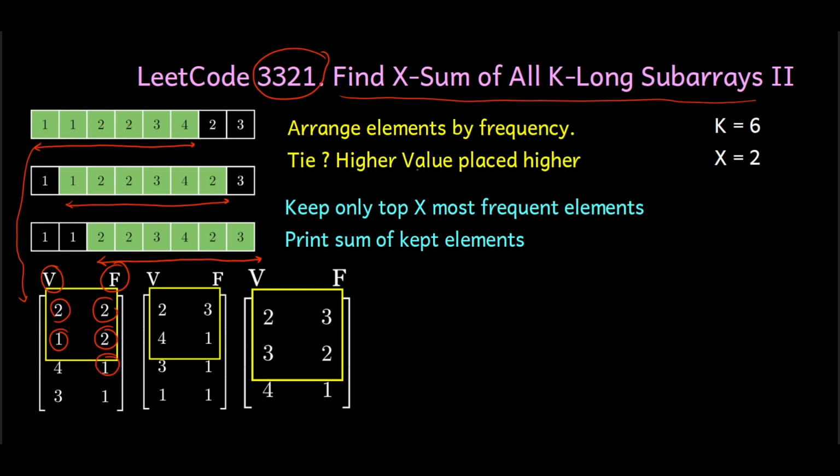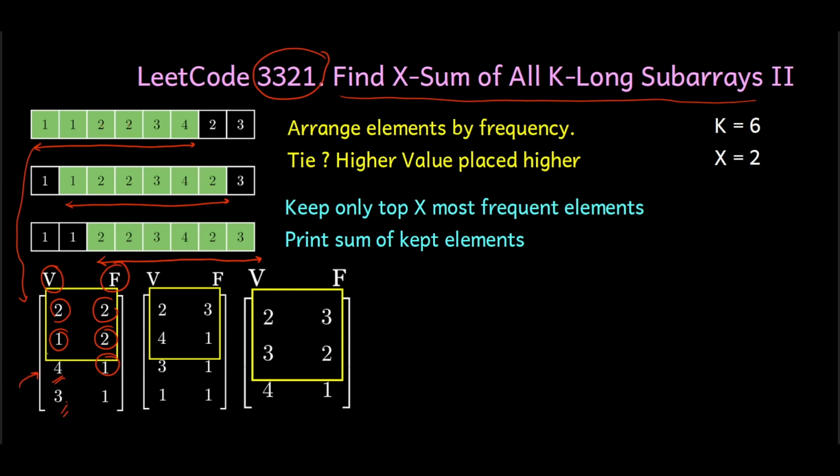After computing the frequency map, you need to sort it by frequency, and if two elements have the same frequency, you place the element with the higher value first. So 4 and 3 have the same frequency, so we place 4 on top of 3.